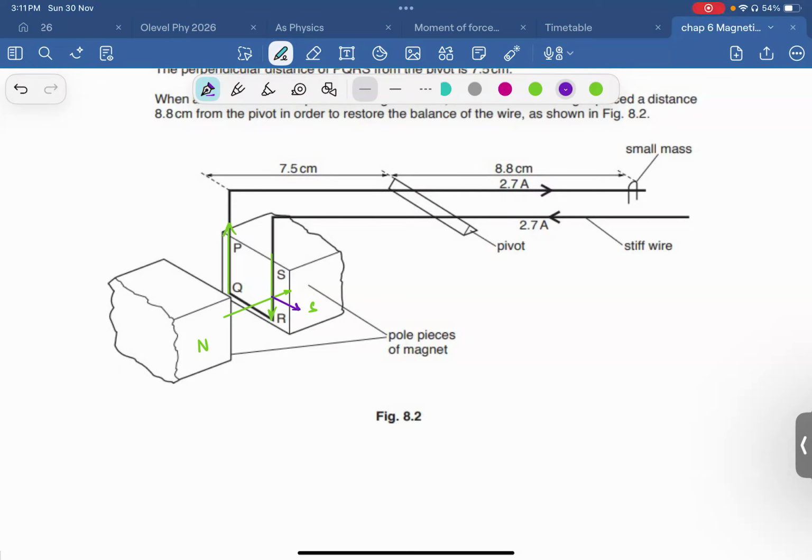If you do the similar thing, the force will be outward from this wire, because the magnetic field for this wire is also in this direction. In both cases the force remains the same because the current is the same. So the force is equal but opposite, and they will eventually cancel out each other, so there won't be any effect.